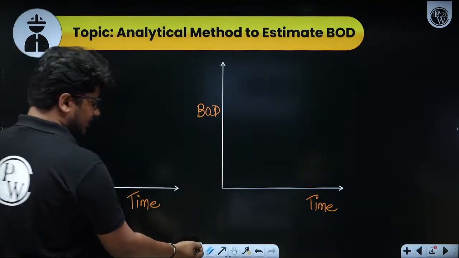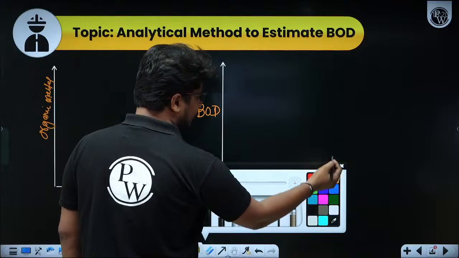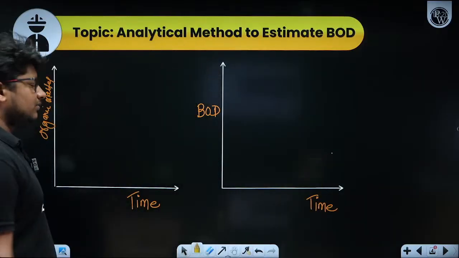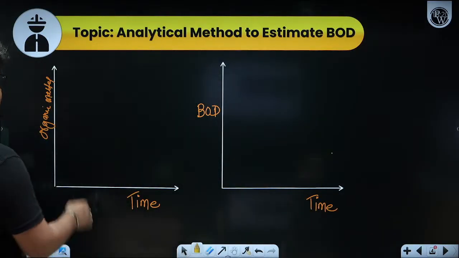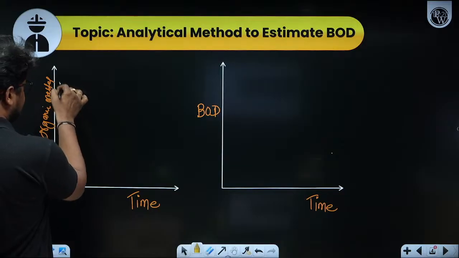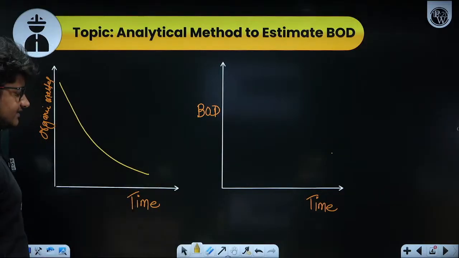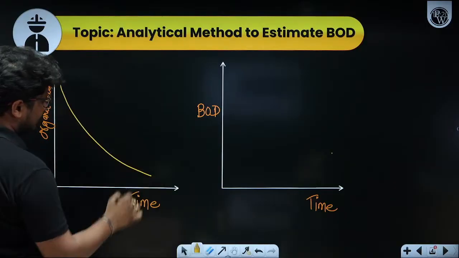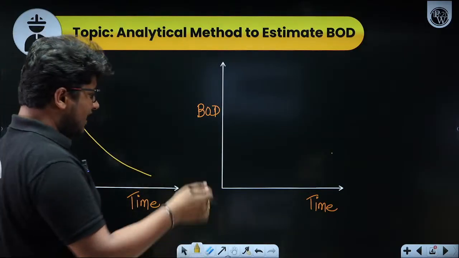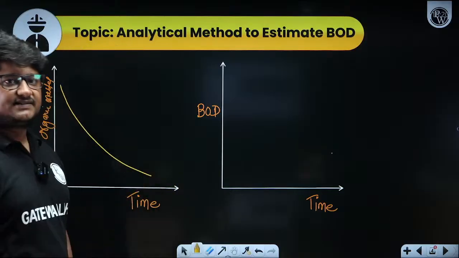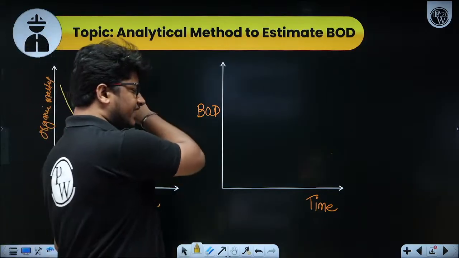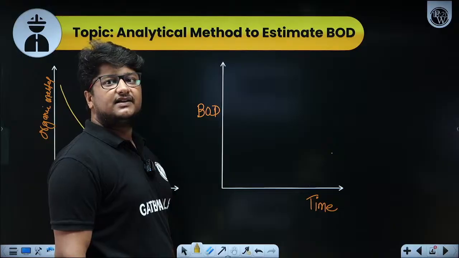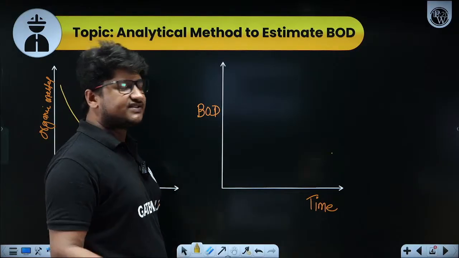Now you know that with time, the organic matter concentration will decrease, and it will decrease exponentially. Simultaneously, as the organic matter is degrading, it is being degraded by the bacteria, so they need some oxygen for that.